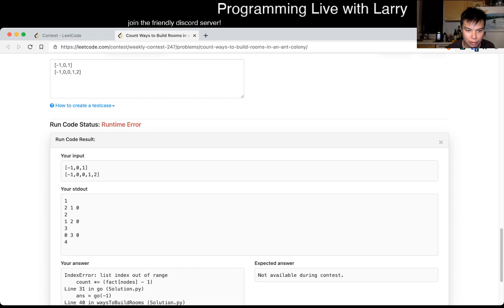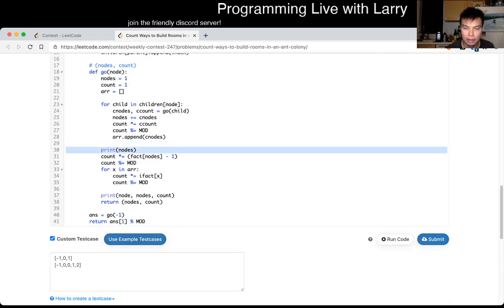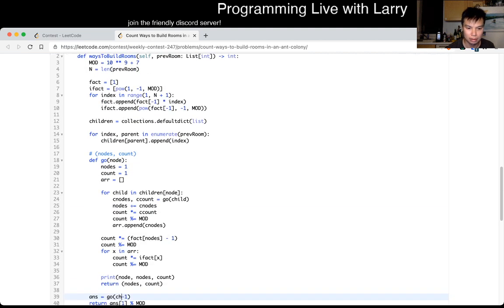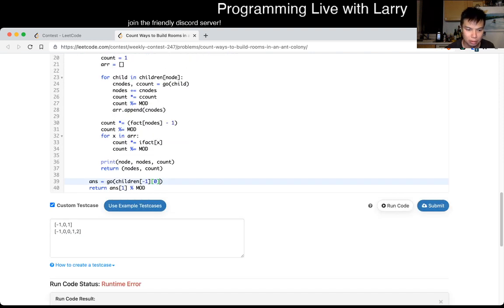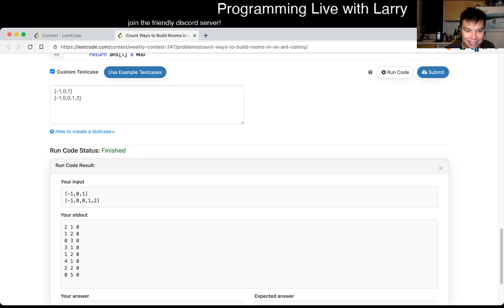4. Oh, it's because it counts the -1. That's a little bit awkward, actually. Okay. Because it counts the -1 as a node. Well, that's not ideal either.